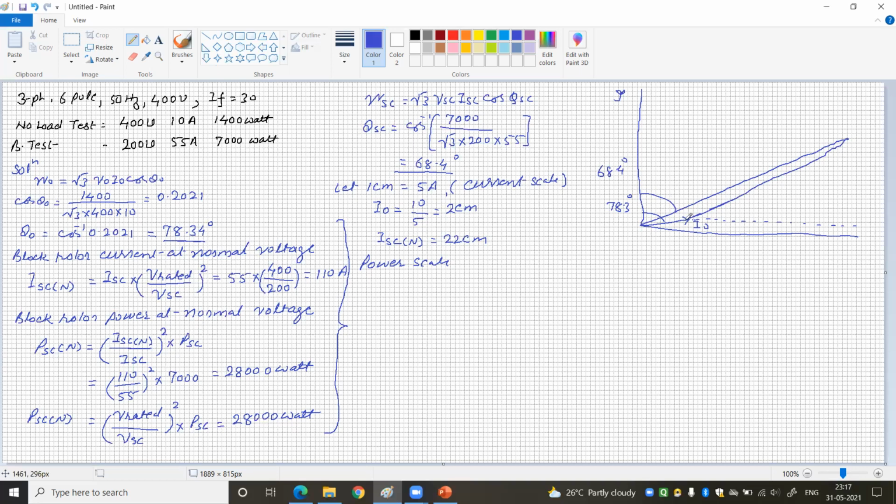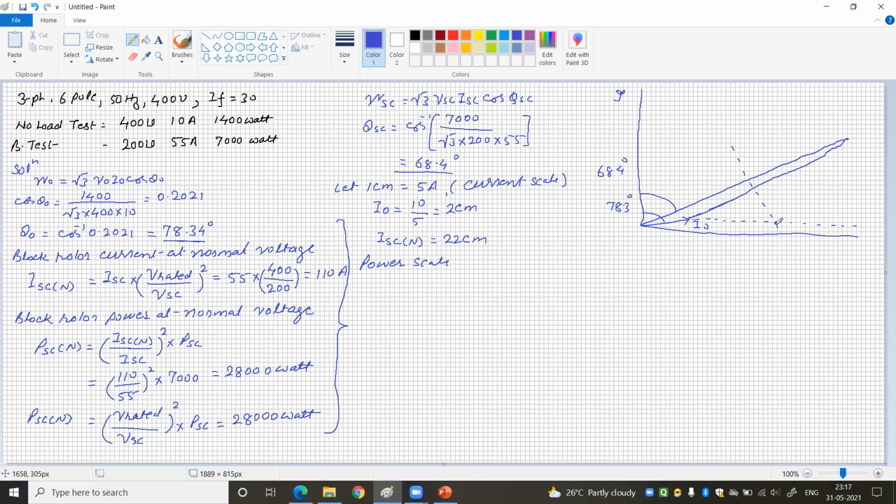Now find the center of this line. This is called the output line. Find the center of this line and draw the projection. The intersection of this point is the center to draw the half circle.